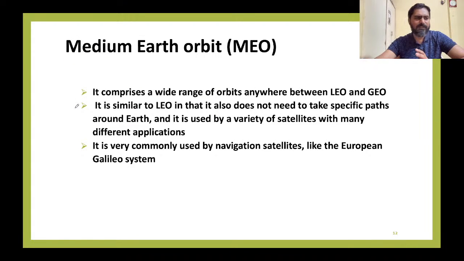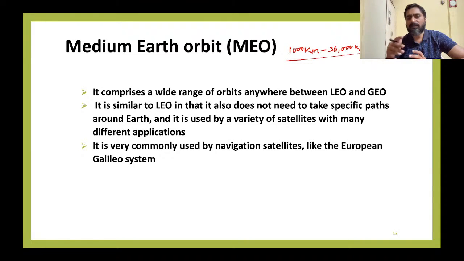So what is medium earth orbit? Medium earth orbit is any orbit which is in between your high earth orbit and low earth orbit. High earth orbit altitude is 36,000 kilometers, and the higher range of your low earth orbit is 1000 kilometers. So anything in between 1000 and 36,000 kilometers is referred to as your medium earth orbit. You'll see that most of the satellites used in navigation systems are sent to medium earth orbit.